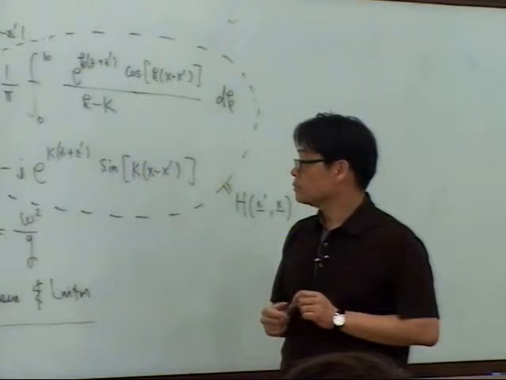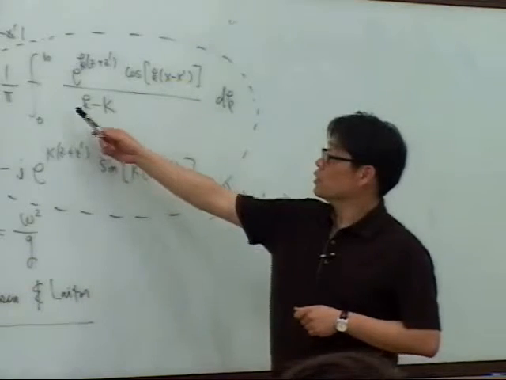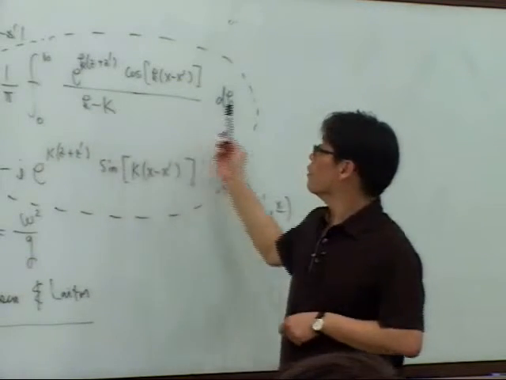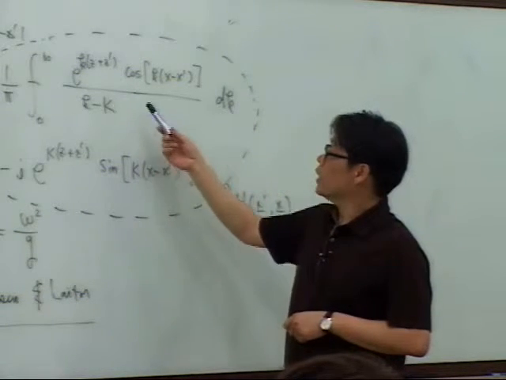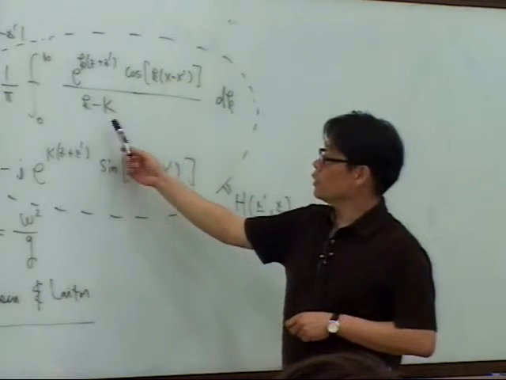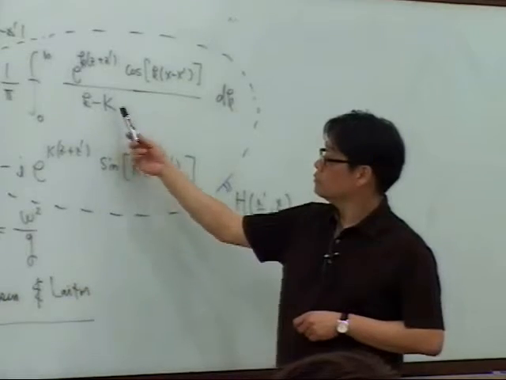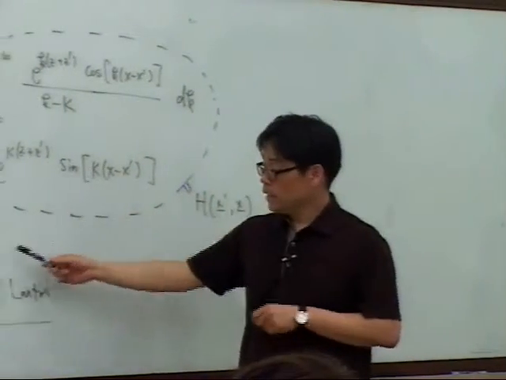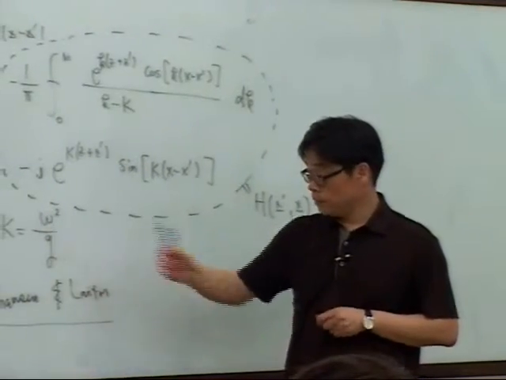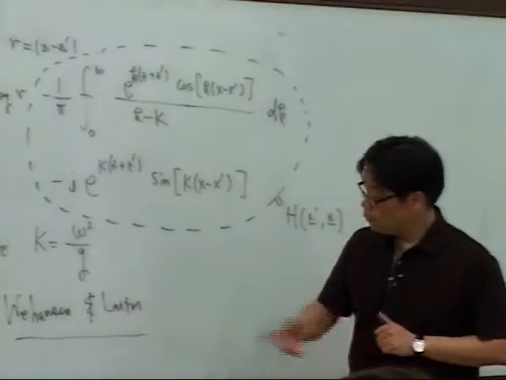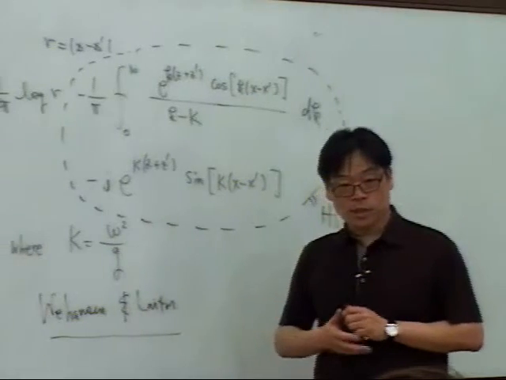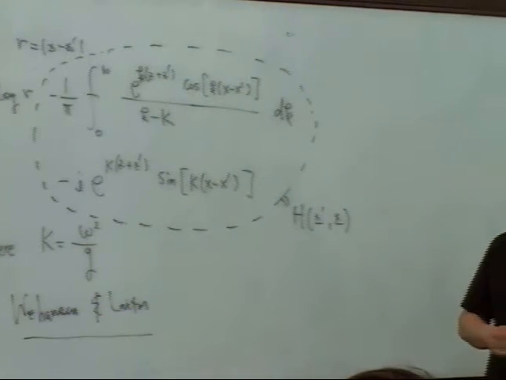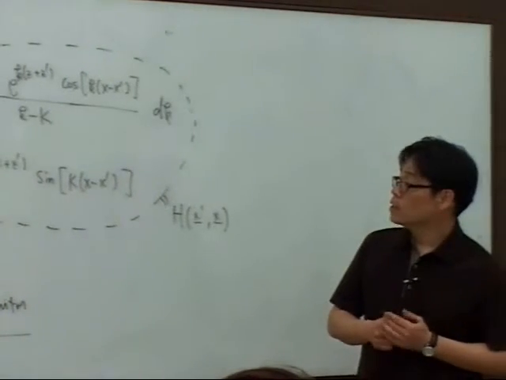And here, this is once again the principal value integral over small k, which will be a function of capital K, x and z, and capital K is nothing but the wave number associated with the frequency through the linear dispersion relation for infinite depth.